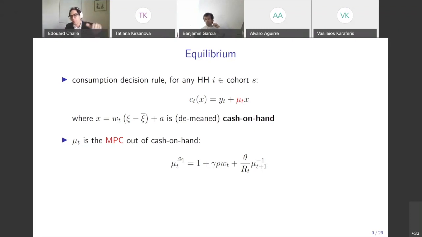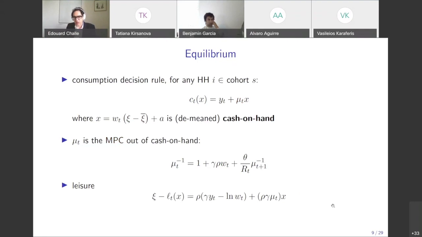So that will show up in mu. But the ability to use the credit market is forward-looking. It's how much you are able to borrow now, or what your asset returns will be from now to tomorrow, from the day after to the day after, and so on. So it's a forward-looking variable. I'll go back to this in a minute.